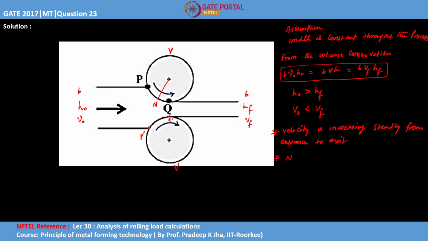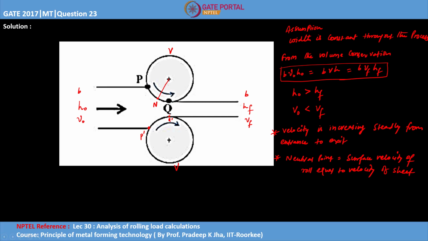So if you want to define the neutral point: surface velocity of roll equal to velocity of sheet.